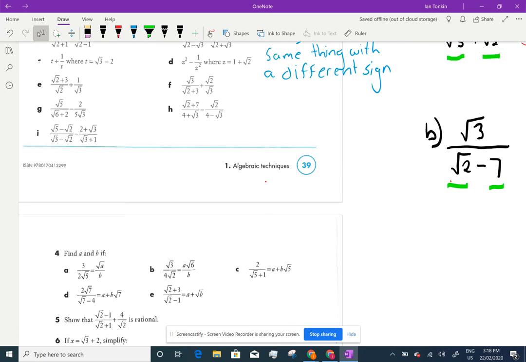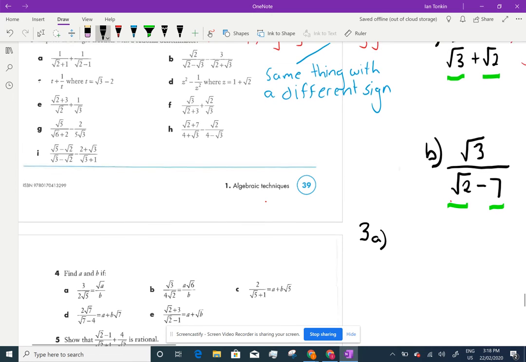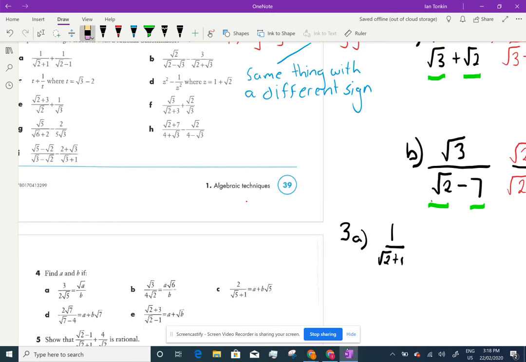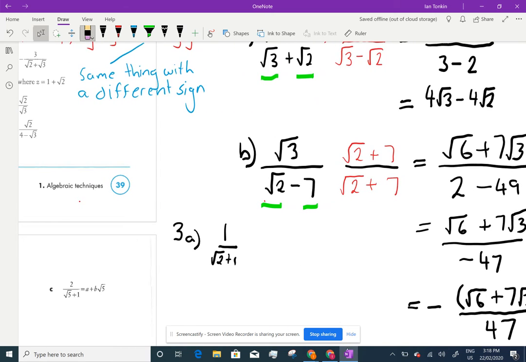So 3A, and what have we got? 1 on root 2 plus 1 plus, hold on, I'm going to leave a gap there. And I'm going to have to write this down a bit further.